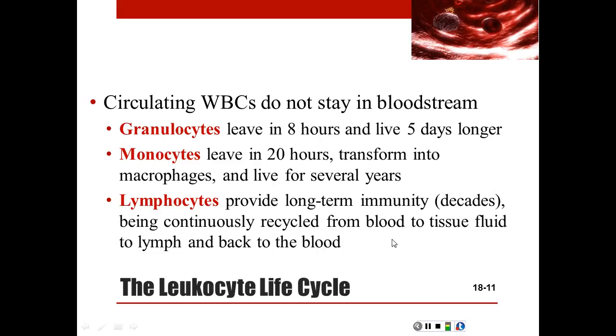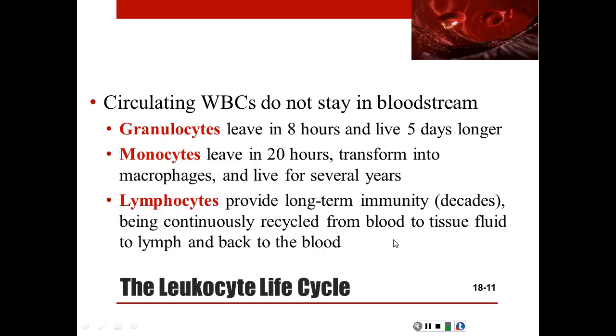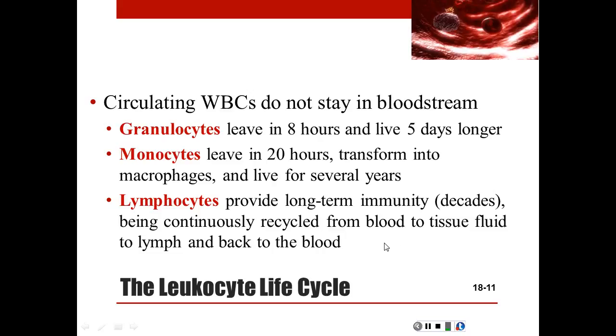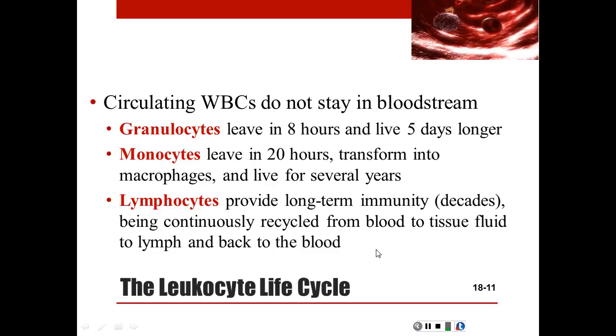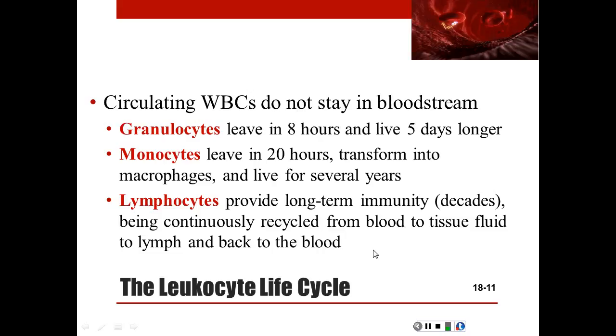Lymphocytes survive from a few weeks to decades. They leave the bloodstream for tissues and eventually enter the lymphatic system, which takes them back to the bloodstream. When lymphocytes die, they are generally phagocytized and digested by macrophages.